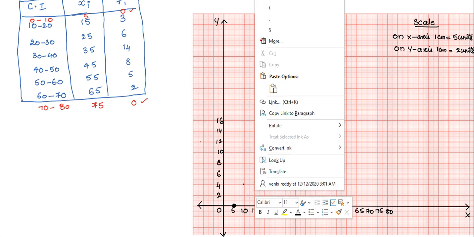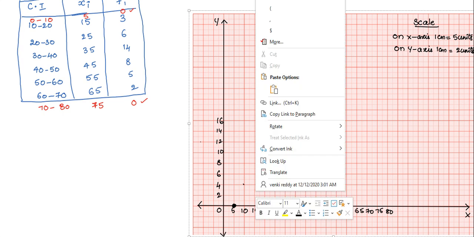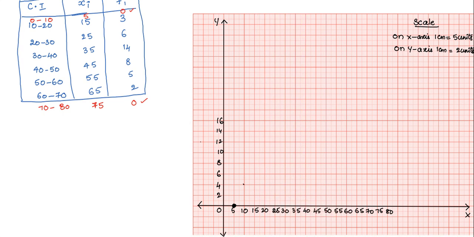Next, observe: 25, the frequency is 6. One more thing you need to observe: the xi values we take on the x-axis and the corresponding frequencies on the y-axis. So 25 will give you 6.